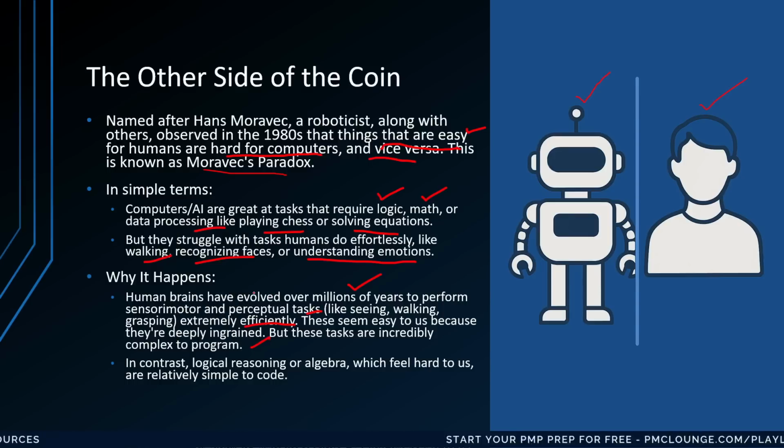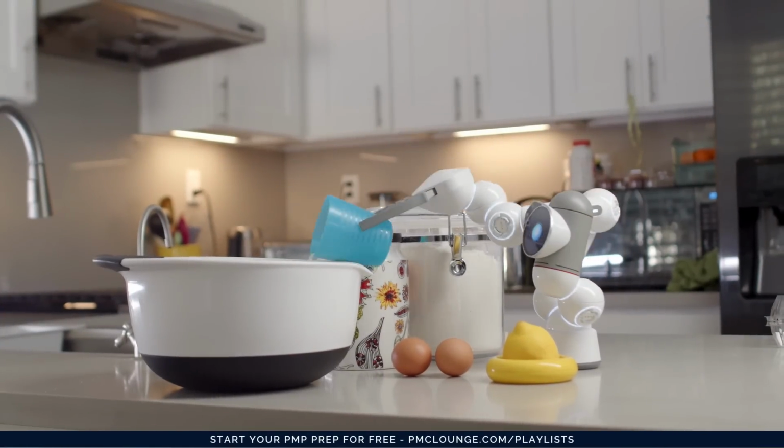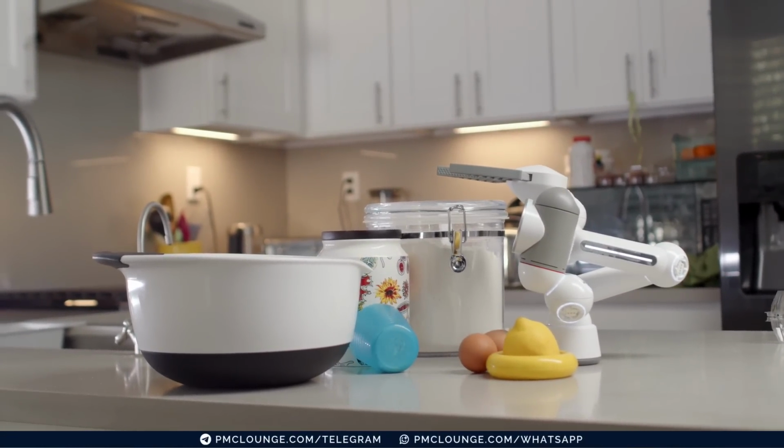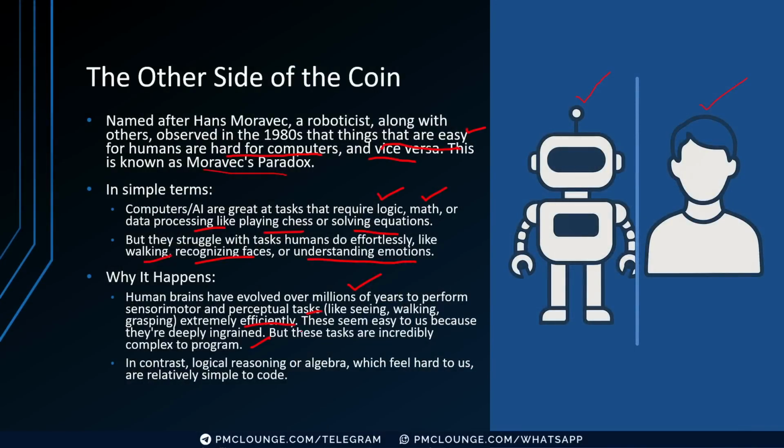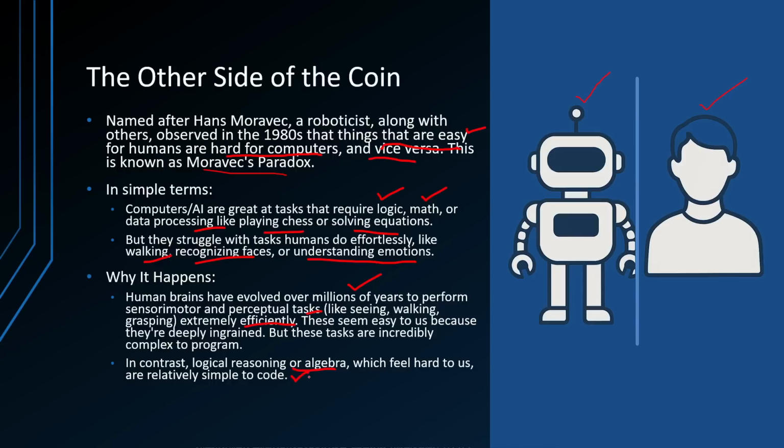And this is the reason why all of us might have seen some videos where there's a robot that cannot walk, or there's a robot that just falls over every time it starts to run, right? So in contrast, logical reasoning or algebra, which is something very hard for us, is actually relatively simple to code, and generative AI or artificial intelligence can go over that code and is able to perform such tasks incredibly easily.